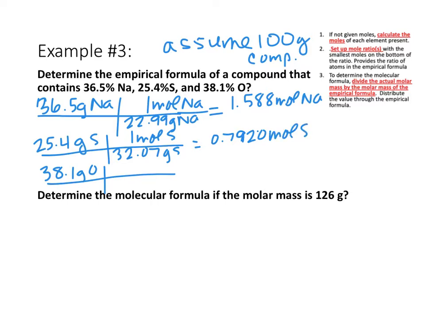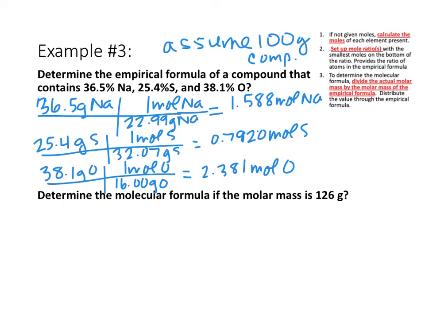And then the molar mass of oxygen, 16 grams in 1 mole of oxygen. 38.1 divided by 16, 2.381 moles of oxygen.